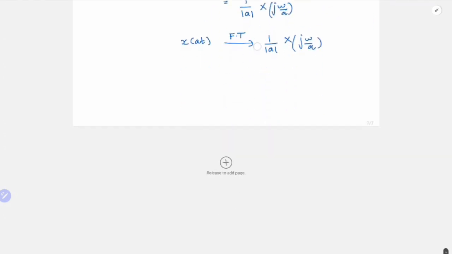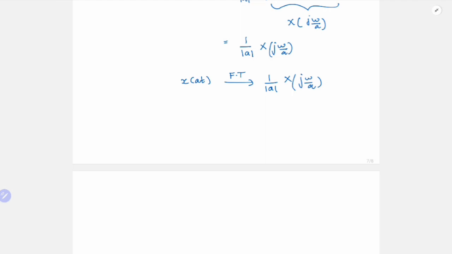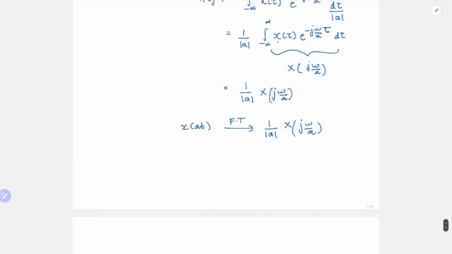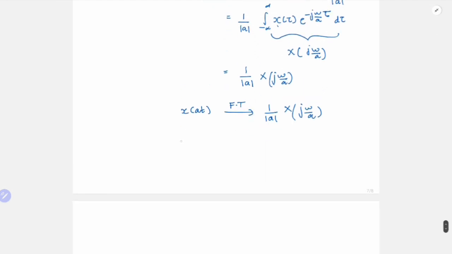So from here only you can derive what happens to the time reversal. So x of minus t is going to give you, a is minus 1 here, so it will just be x of minus j omega. So this is what we derived earlier in the even and odd property.